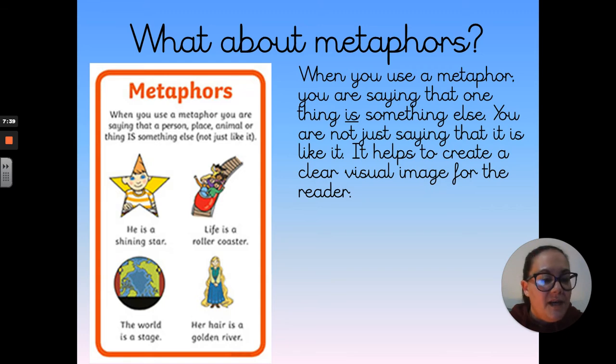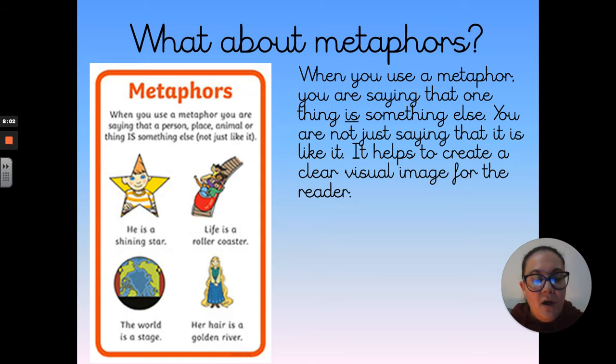The world is a stage. Okay? It's not actually a stage. You're not physically getting onto a stage and acting out your day, but it's explaining that each day is like a new day getting on stage, a new opportunity to perform, a new opportunity to be something or be somebody else or be whatever it is you want to be.